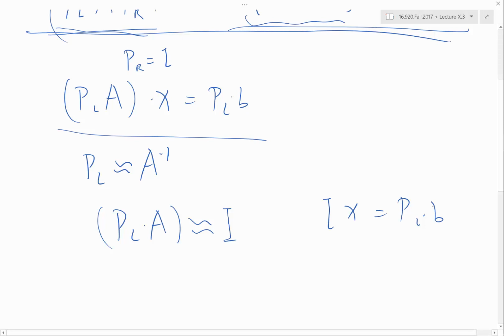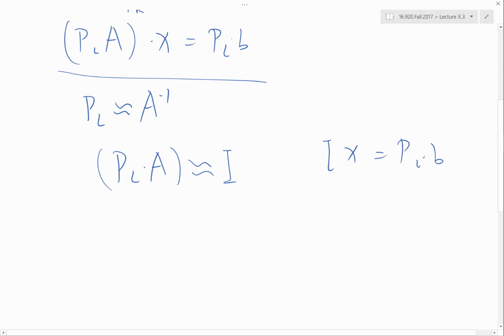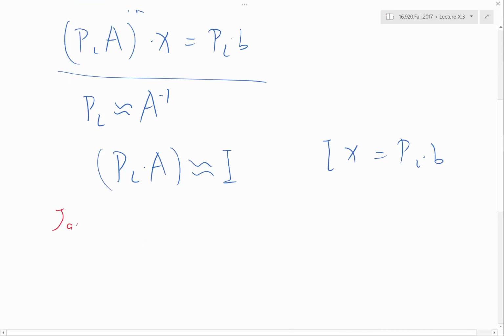And if you're using an iterative method that only requires you to perform matrix vector multiplications, so for example, if you only have Jacobi, you can write it as x of k plus 1 times D, a diagonal matrix, plus L plus U, which is A minus D, times xk equal to B, right?